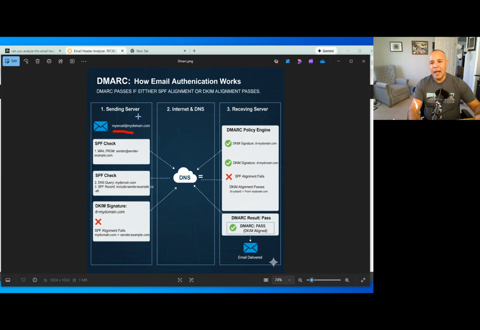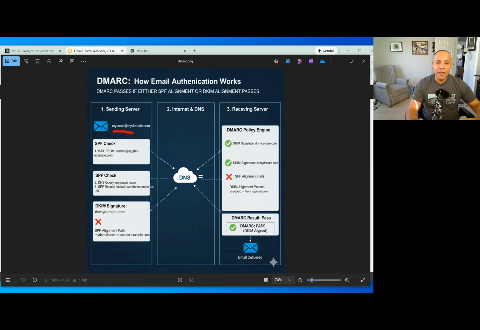And then when that happens, we are setting up this environment in a way that I'm going to be showing you that the emails from my domain.com are being forwarded or sent by a third party.